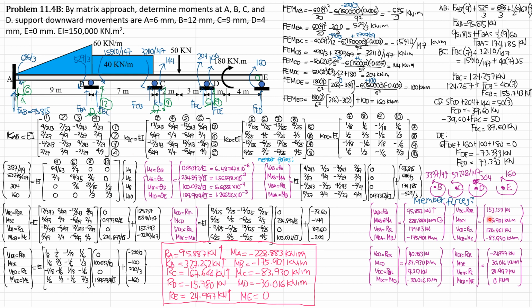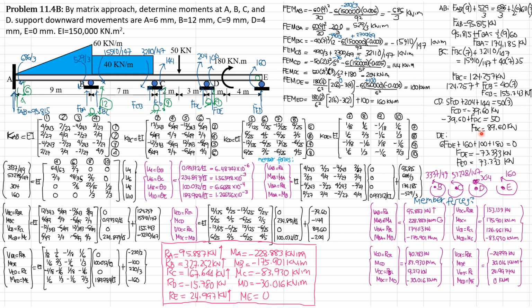Now the member forces for BC. This is the calculation: shear BC, RB right, MBC, shear CB, RC left, moment CB, which is M sub C. So stiffness of BC, displacements, then plus fixed end forces. In BC, I already explained that, obtained here 124.257 for FBC. Then this is counterclockwise, so positive 15,910 over 147.